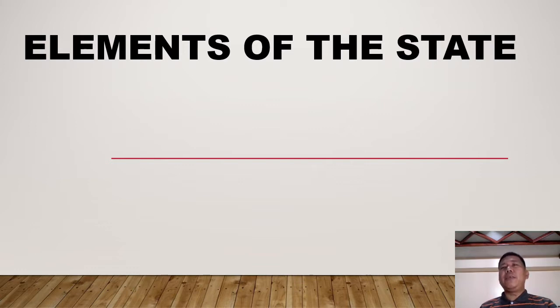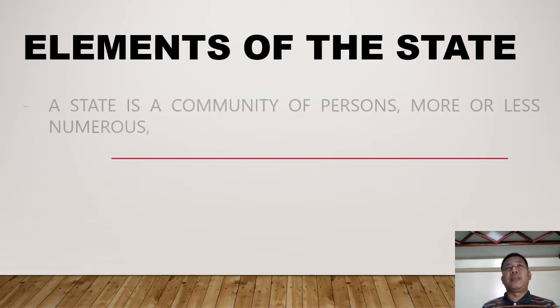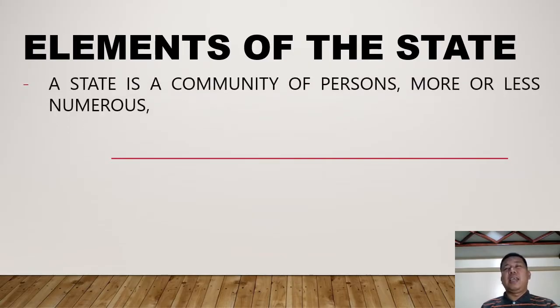So out of the definition of the state, we are going to get the elements by dissecting the phrases embodied in that definition. First, it is a community of persons. How many? More or less numerous.